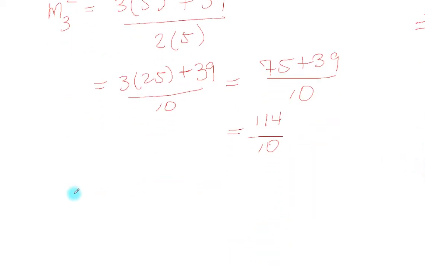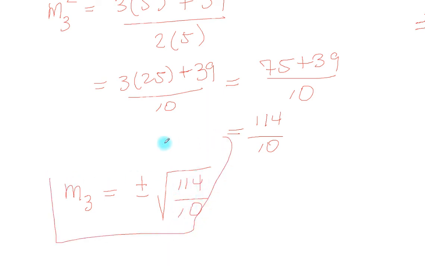So m3 becomes plus or minus the square root of 114 over 10, which is our next answer.